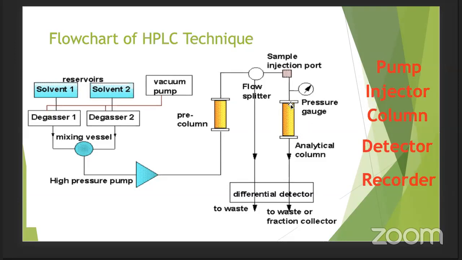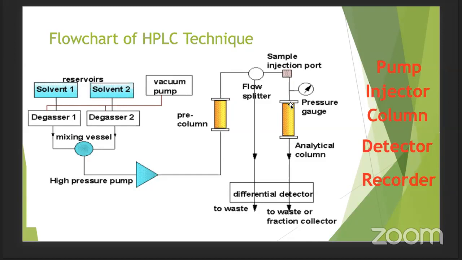Now, coming to our next component, the analytical column. The analytical column is a tube-like structure that is tightly packed with small particles of size around 30 to 20 microns. This is often made of metal or sometimes very thick glass.